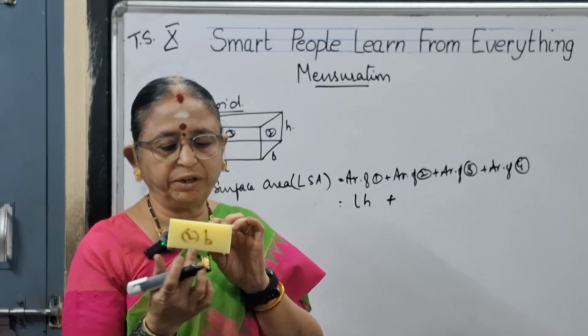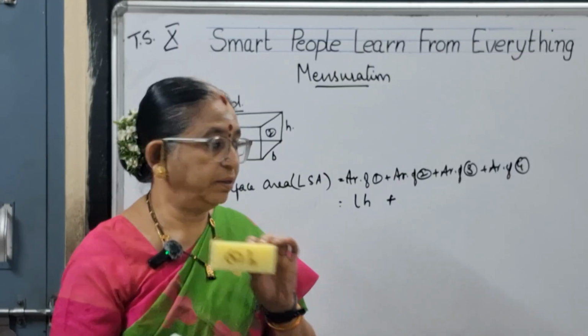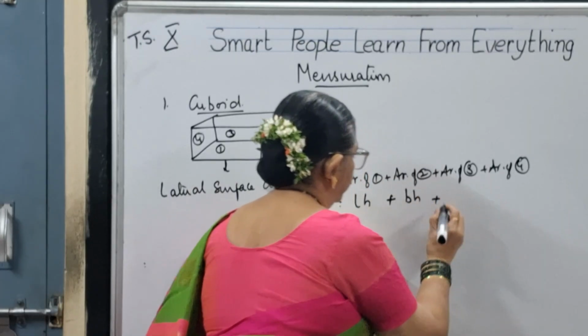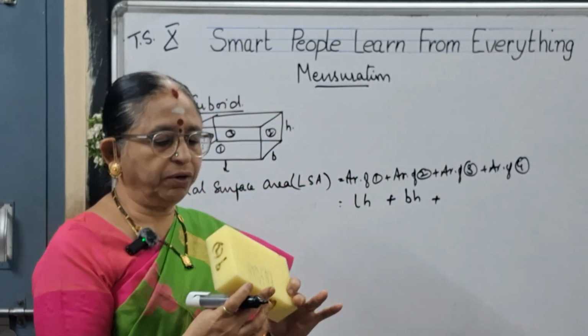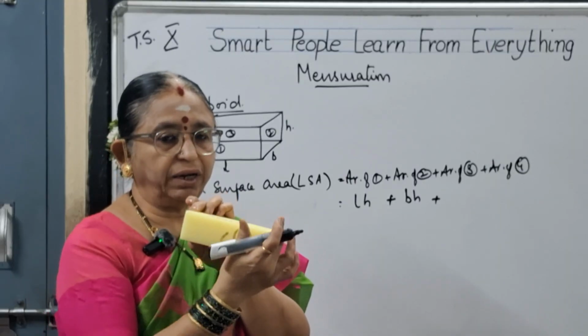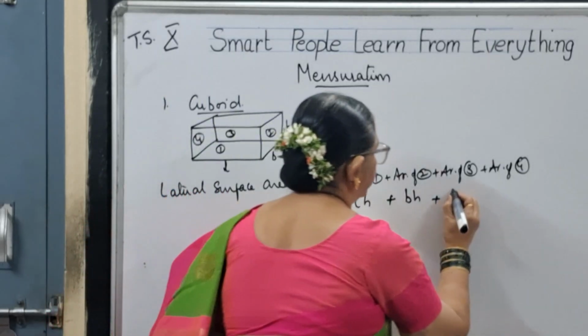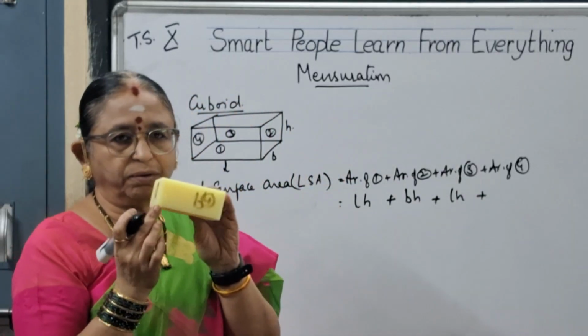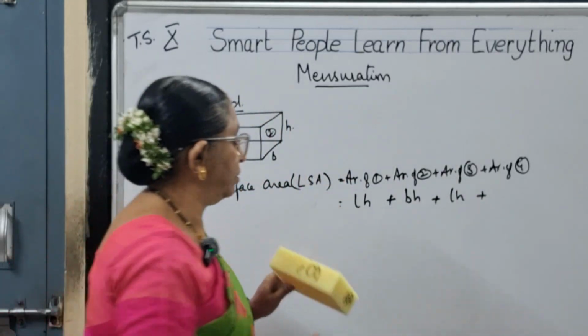Base into height. Base is B into height. Okay, so B into H. Similarly, if you go to third one, here also L into H plus fourth one when you go B into H.